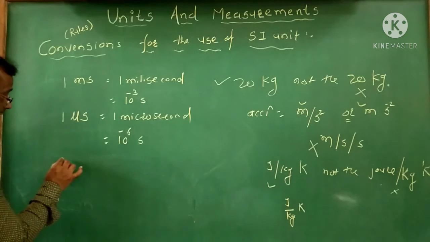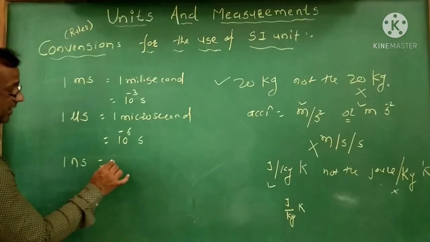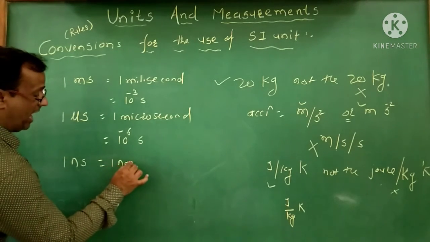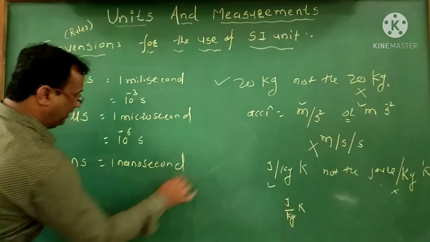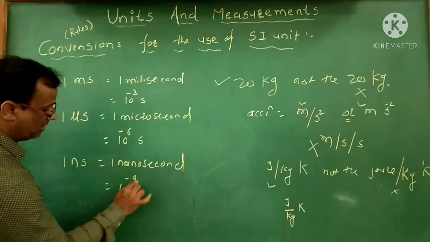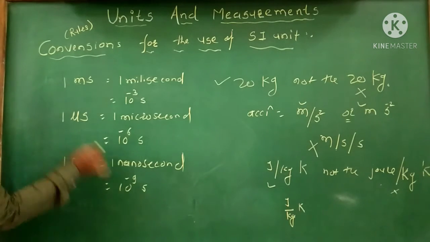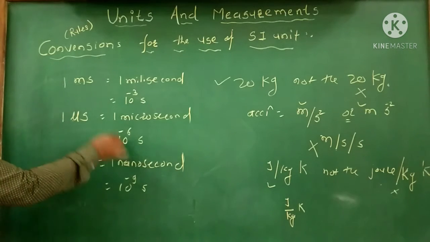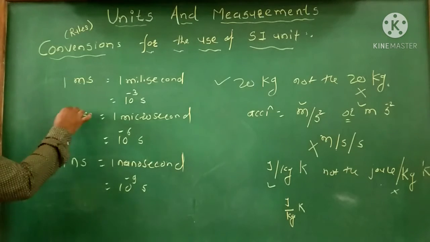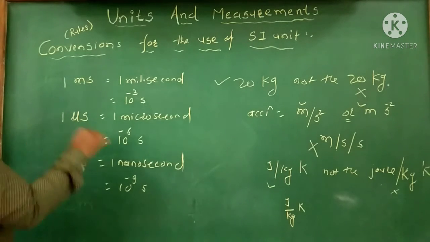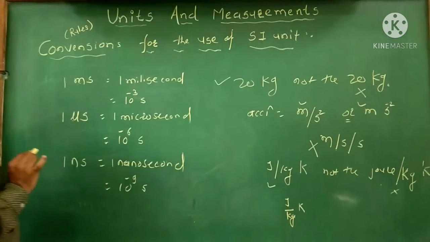Again, if you want to write 1 nanosecond, it means 10 raised to minus 9 seconds. Nano stands for 10 raised to minus 9, micro stands for 10 raised to minus 6, and milli stands for 10 raised to minus 3. Now this is the prefix. We write in the form of power of 10, whether positive or negative.